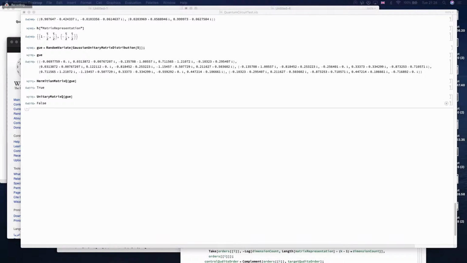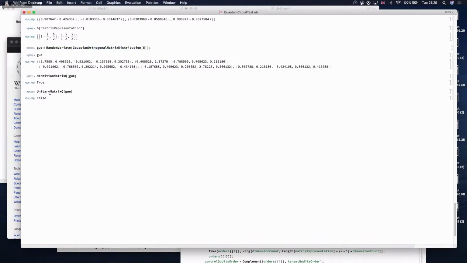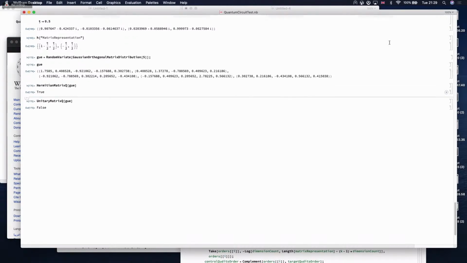I would have thought they were unitary based on the name of the ensemble, but I don't know. Why don't we look at the documentation for the Gaussian unitary matrix distribution?